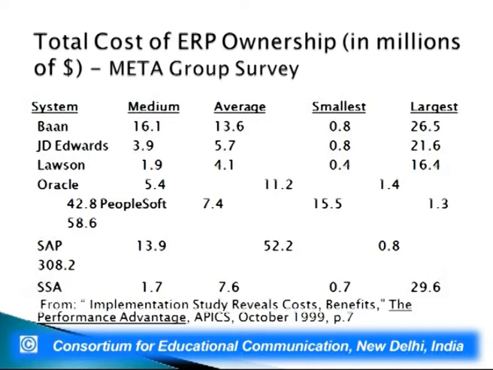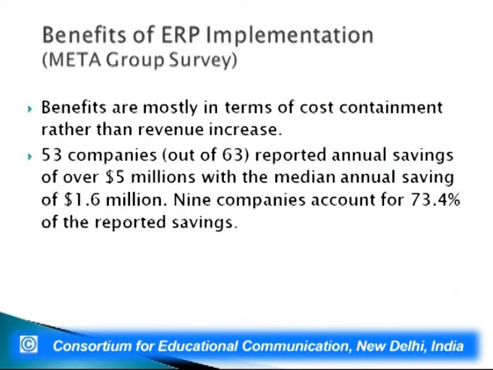It could be SAP also, it could be SSA also. So, how we have taken it from the implementation study reveals the cost benefit and the performance of that also. Although this data is rapidly changing, you can see the costing is very different from one ERP system to another ERP system.